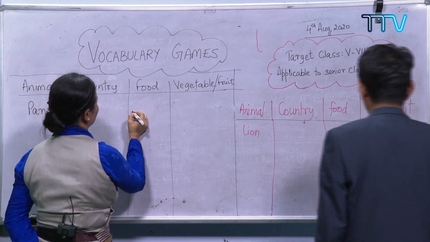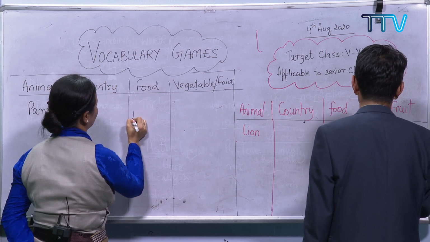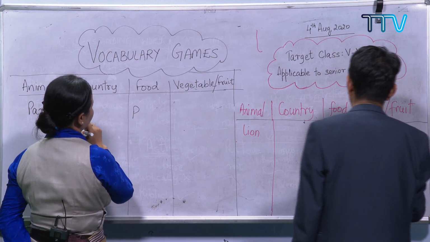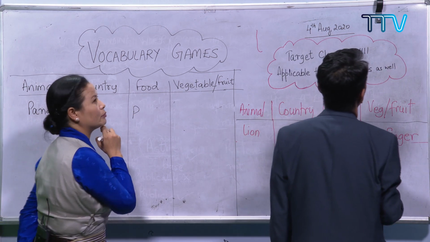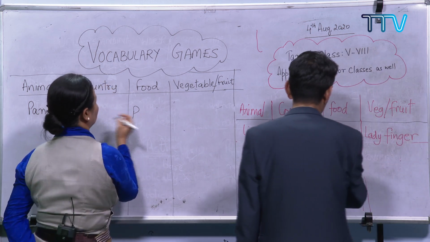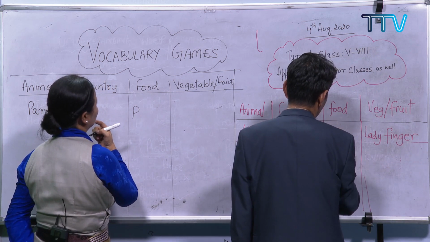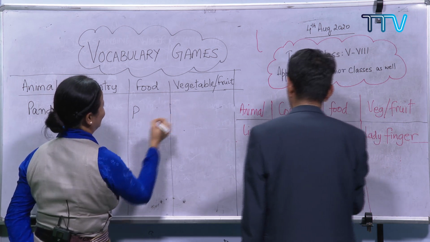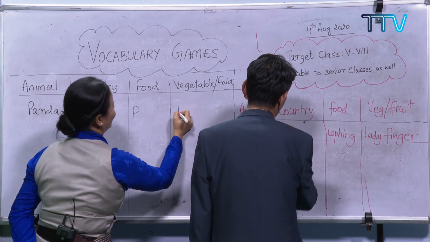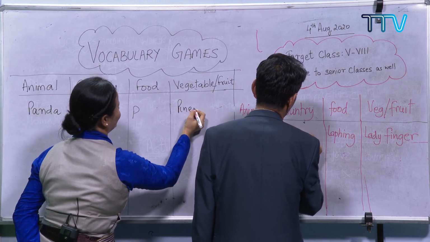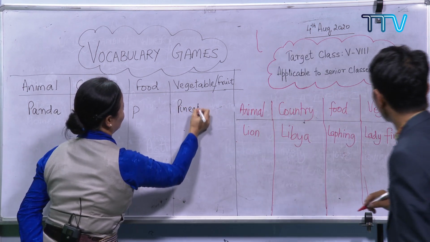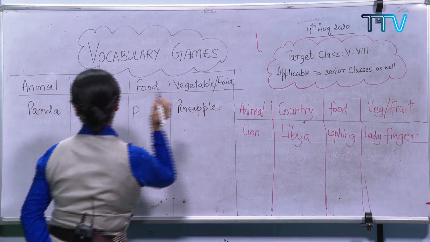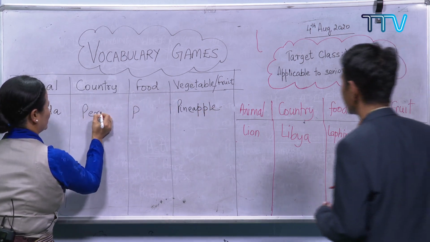I'll first begin with food, L. Oh good, P: vegetable or fruit, pineapple. Peru is a country.